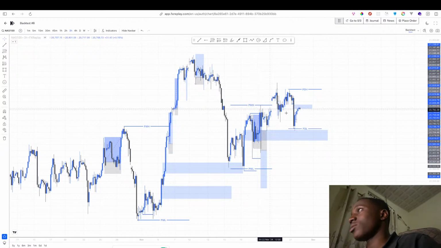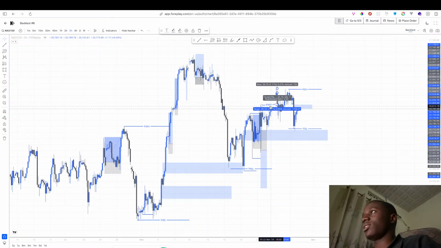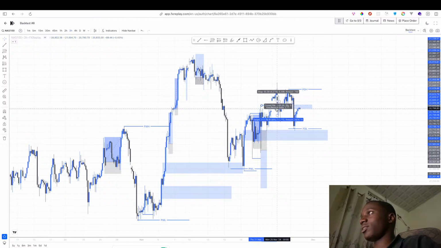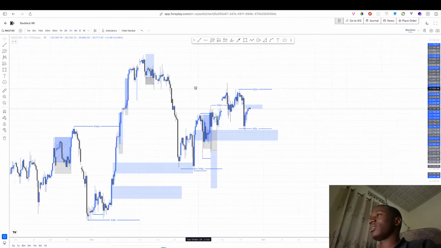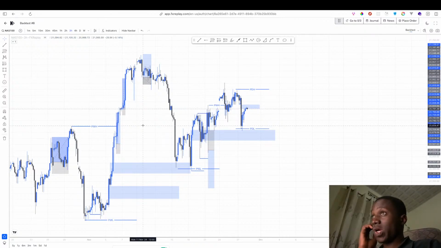So this Thursday of 21st November right here, this was the previous weekly high which was taken out. So I don't think we'll count that. This was actually even taken out on Monday, so it's like knocking out a liquidity point which was already taken out. So maybe let's just knock it out for the purpose of knocking it out.